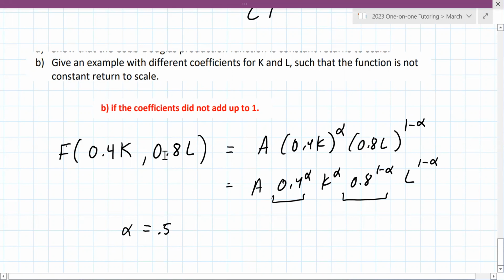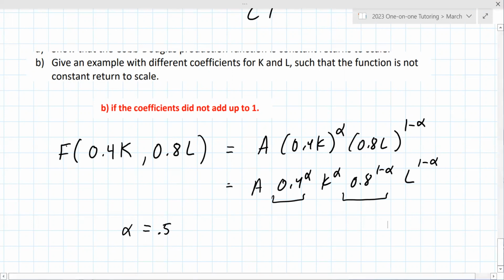Okay. And so talking in applicable terms, K is physical capital. K is also a number that would be put in. Yes, that is correct.